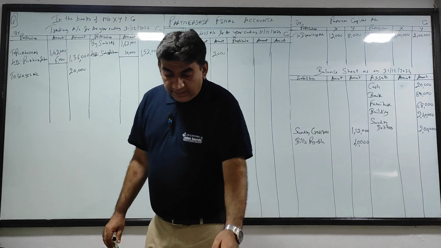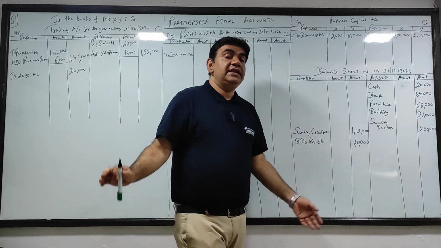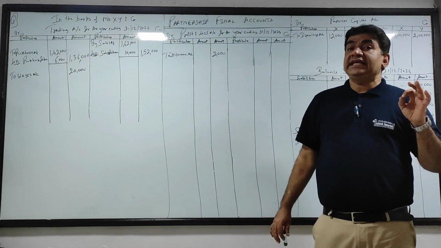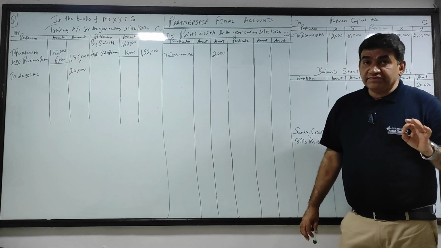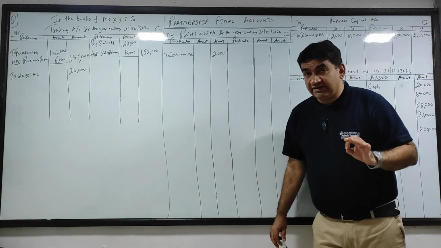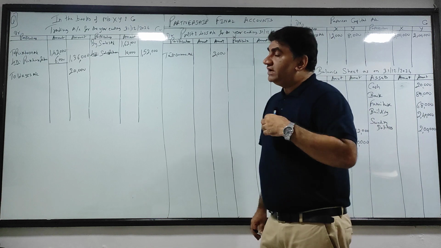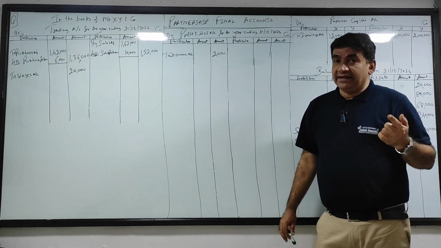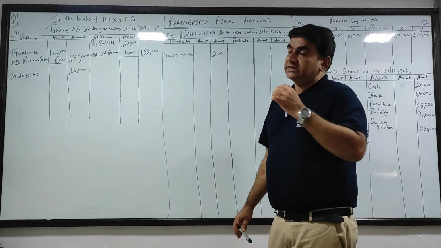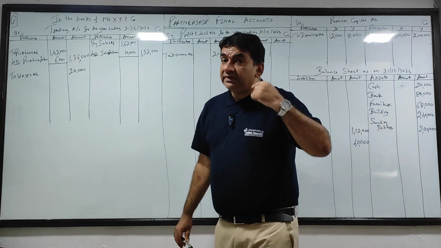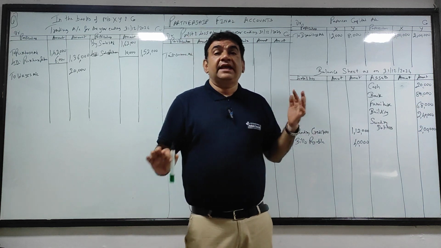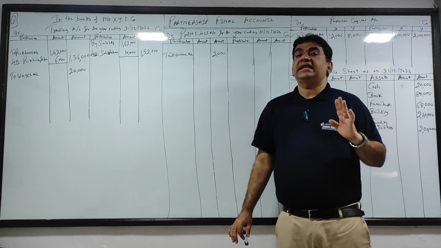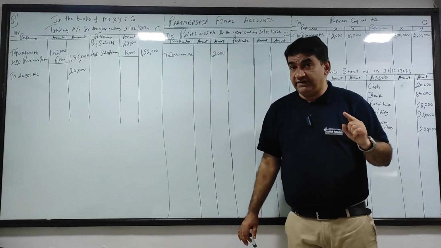Next, bad debts. You all know very well. Bad debts is a loss which is irrecoverable. अगर कस्टमर का सिचुएशन इंप्रूव हुआ, आगे जाके I can get it back, but right now it is a loss. पर्सन जिससे लेना है, he has become insolvent.